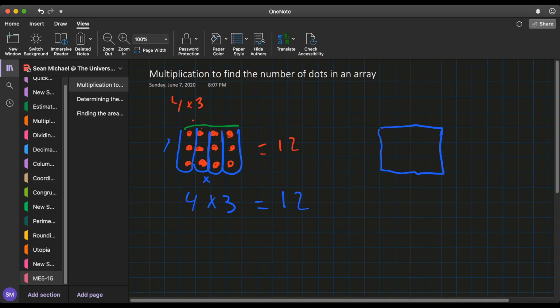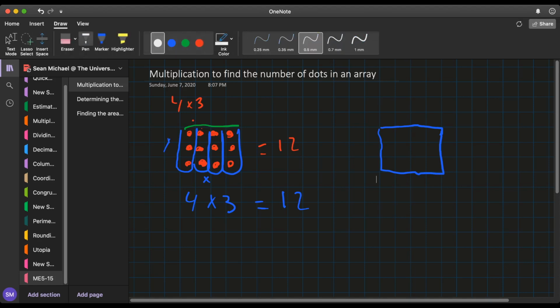Well, we can do the exact same thing. We can count it first, so let's do that first. We'll use white. So let's say 1, 2, 3, 4, 5, 6, 7, 8, 9, 10, 11, 12.